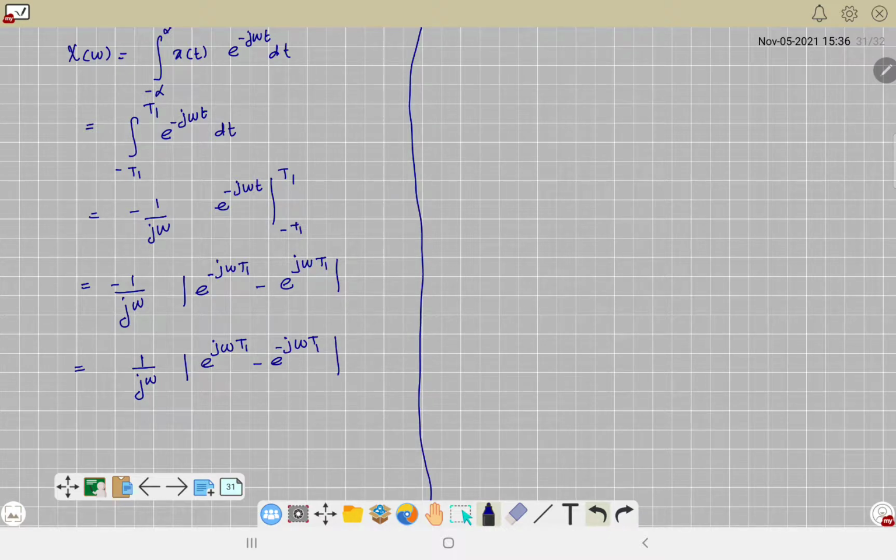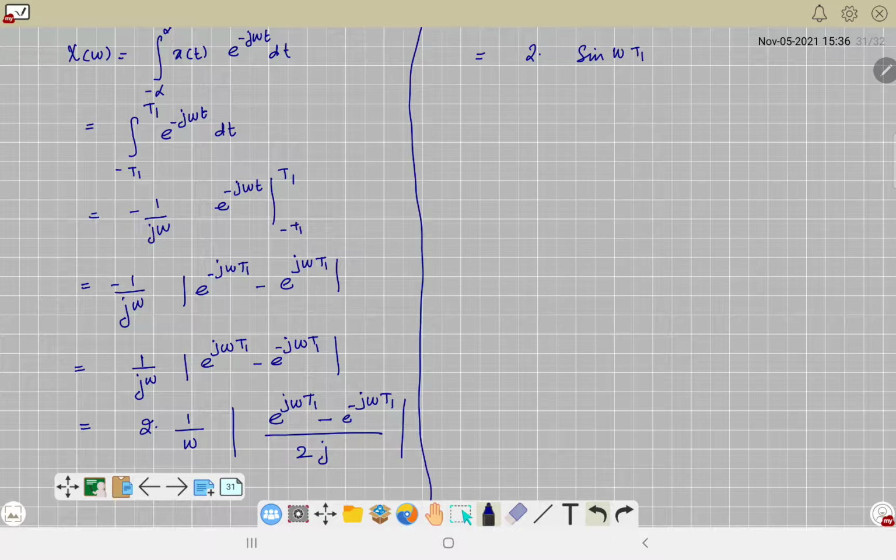You can always express it as 2 times 1 upon omega, just to get it in that form, e raised power j omega t1 minus e raised power minus j omega t1 over 2j, and that will be equal to 2 times sine omega t1 by omega. It's kind of a sinc function, and I'm sure you have seen this graphically.